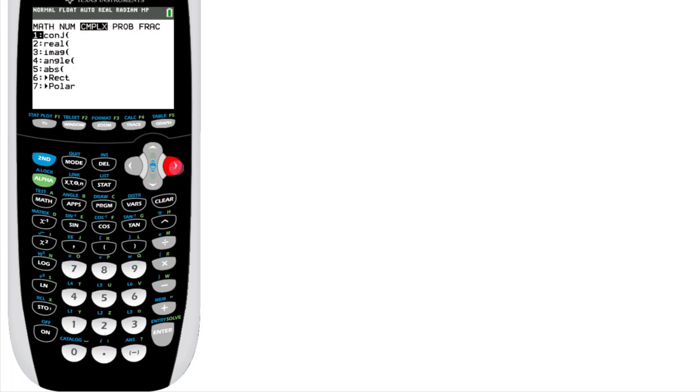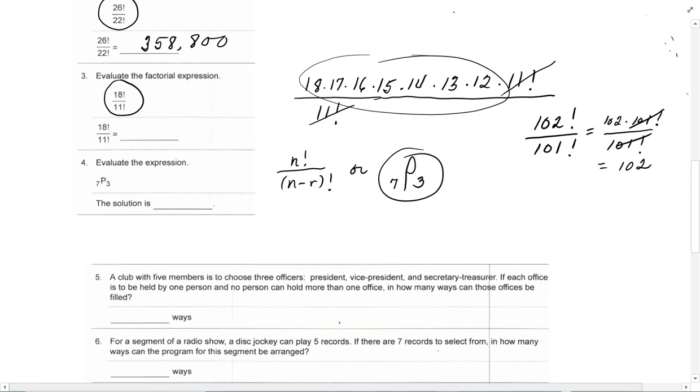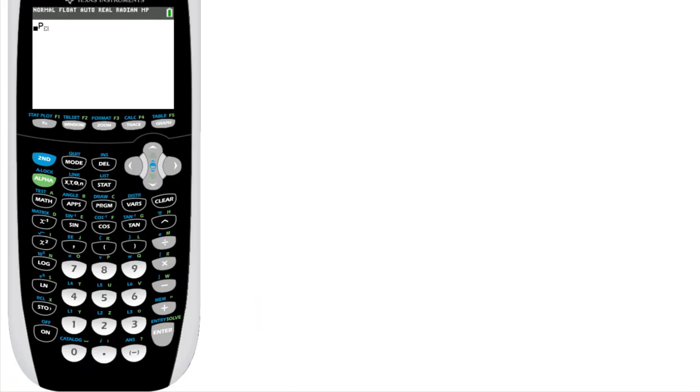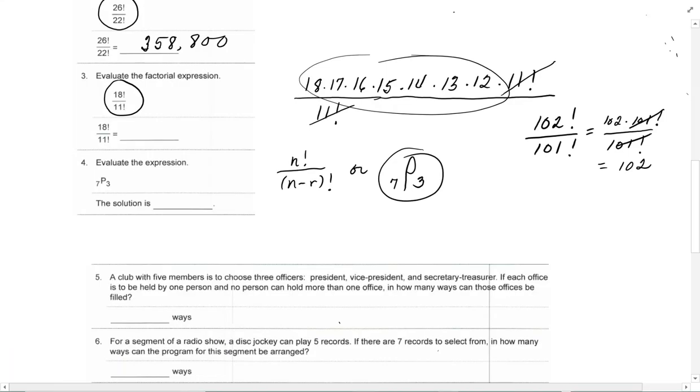Once again, go to probability. Number 2 is permutation, and of course I have forgotten it's 7 and 3, so it is 7. Use your jump arrow, 3, enter, 210. So if you had 7 items, you were going to select 3 of them, maybe for display. The order mattered. It would turn out that you have 210 choices.